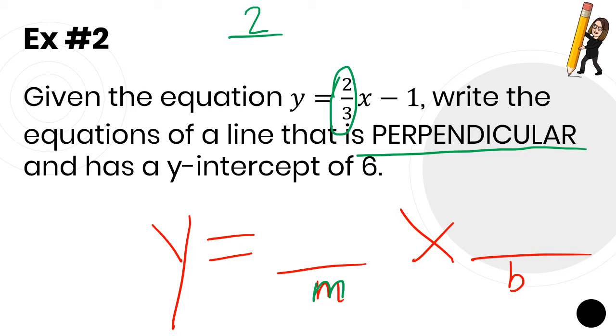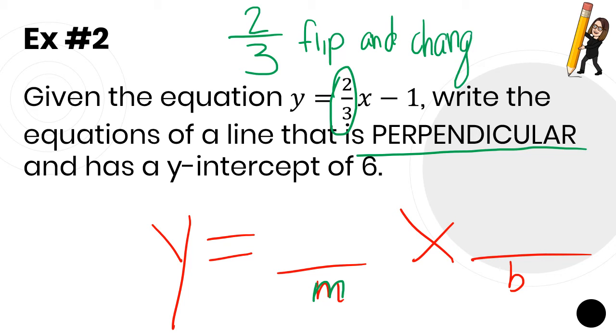So I need to do two things to this number. I need to flip and change. So if I flip, I arrive at 3/2, and if I change, it goes from positive to negative. So my m is -3/2. See how I flipped and I changed.